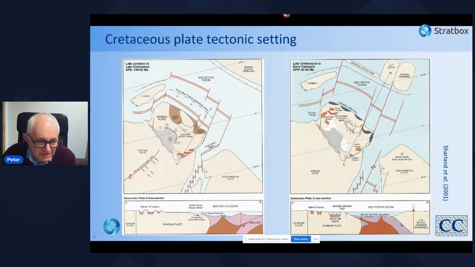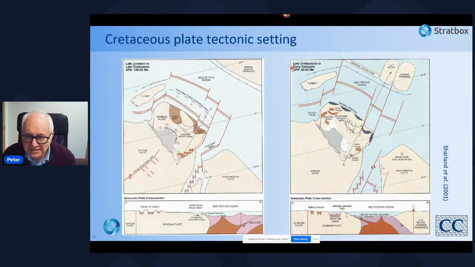In the interior, we have the exposed Arabian Shield, which was acting as a clastic source across the continental margin. And we have a number of structurally controlled basins over the outer part of the continental margin, which also control sedimentation.